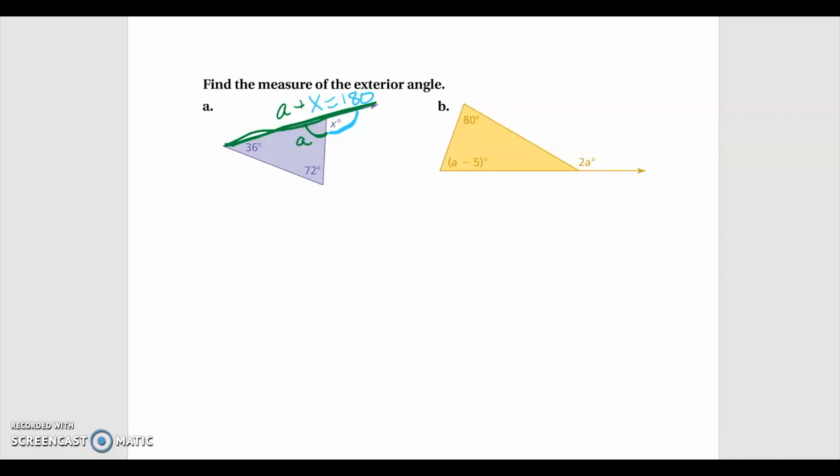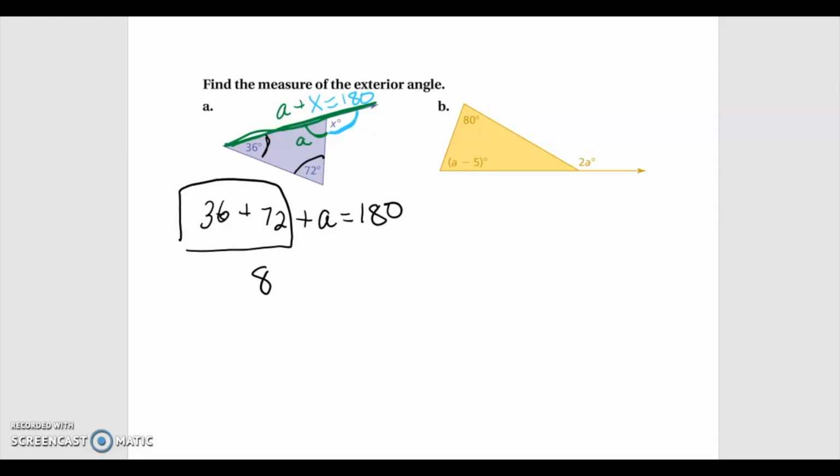So I can add up the three angles, 36 plus 72 plus A equals 180. So 36 plus 72, I'm going to do that first. 118. Then I need to subtract 118 from both sides.